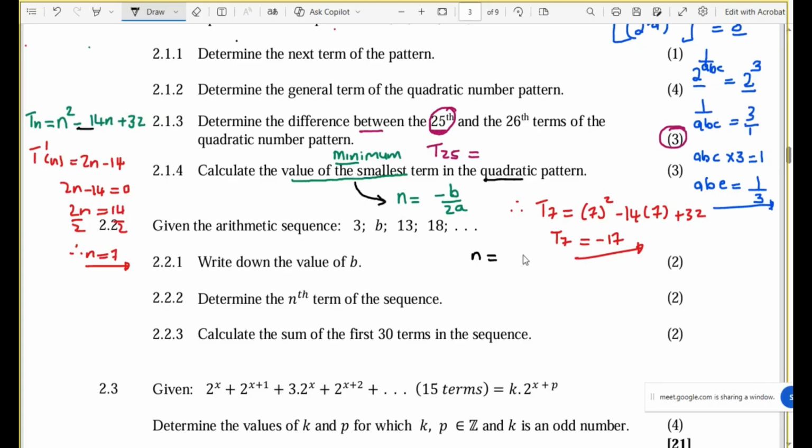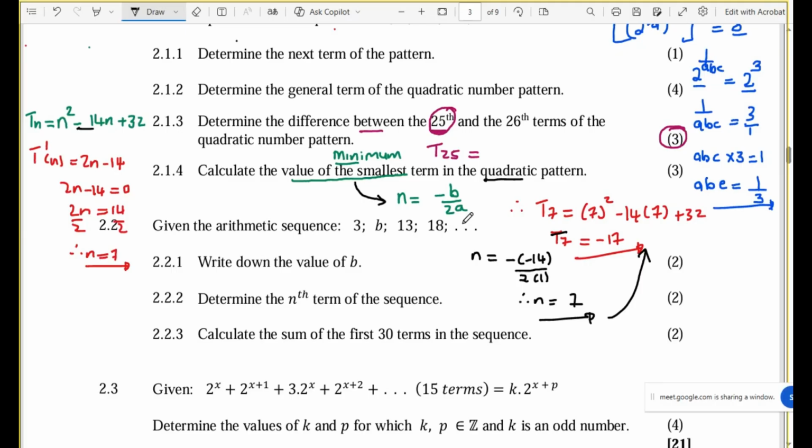So this will be minus into minus 14, divide everything by 2 into a, which is 1. Therefore, n is 7. Then you go to your quadratic formula, you substitute 7, you'll find that T7 is minus 17. Is everybody happy about that? You guys understand? Are you all happy?